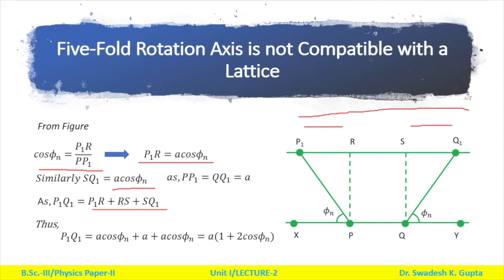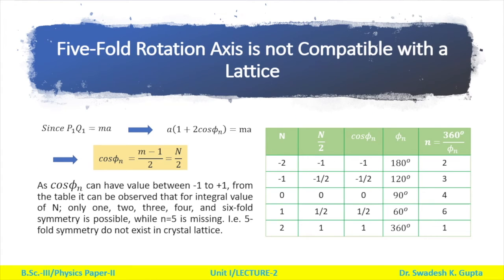Now here RS is equal to a, because if you draw a perpendicular line at XPQ and PQY, then it will cut at R and S. As PQ is equal to a, RS will be a. So the total length of P1Q1 will be a(1 + 2 cos phi).